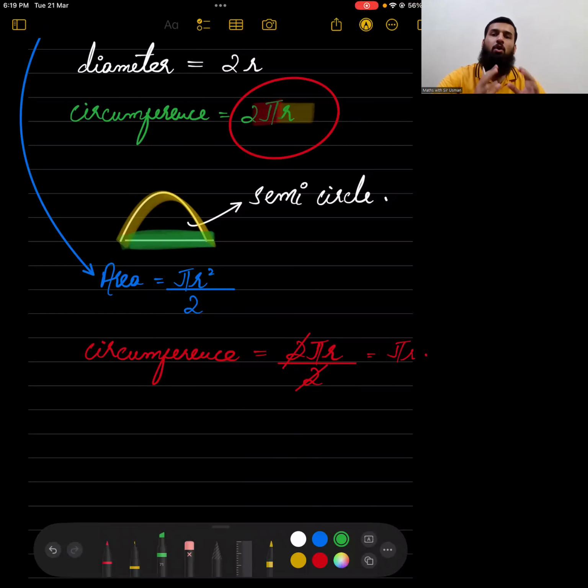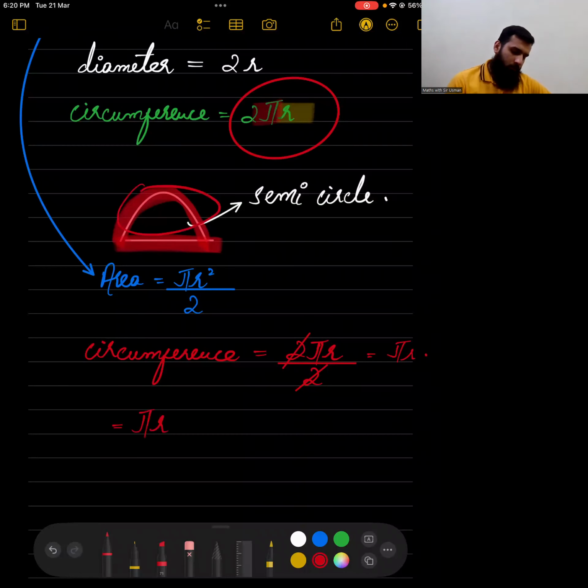The perimeter is all the touchable sides of any particular shape. Here we have half of a circle, and I can touch this shape over here and over here. All of these places where I could interact with the shape are going to be part of the perimeter. So for the perimeter, we have this side as pi r, and the remaining part is the diameter, which is 2r.